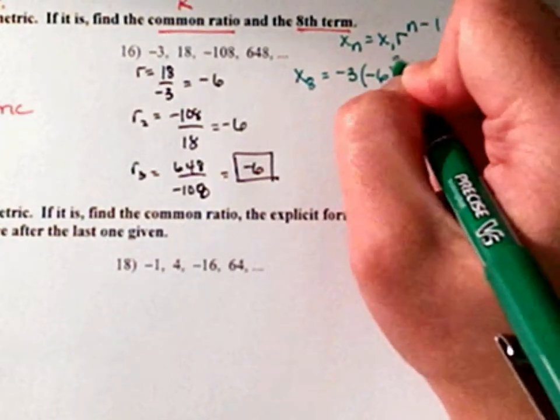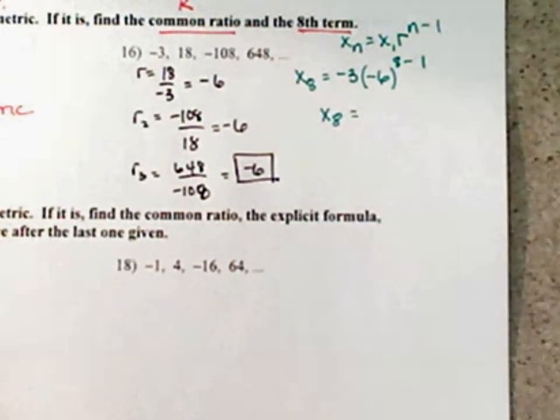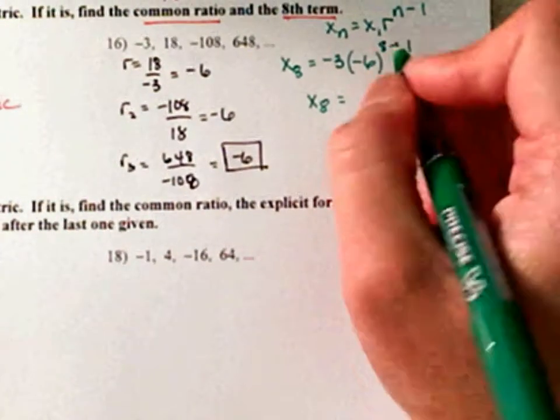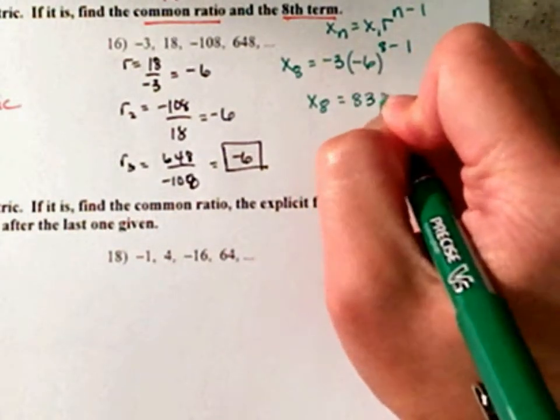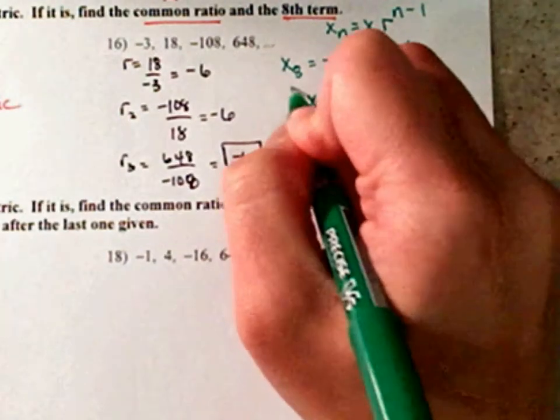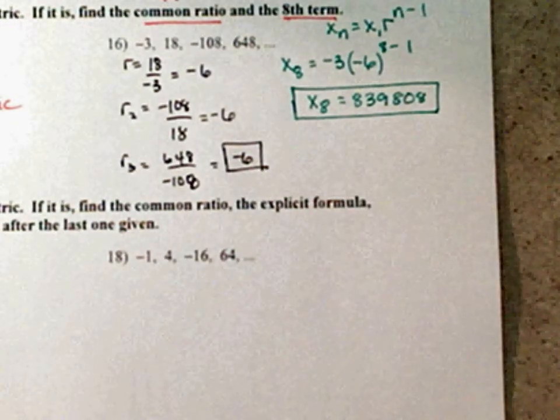All of that raised to 8 minus 1. So what is the eighth term going to be? Negative 3 parentheses, negative 6, raised to the 7. Comes out to be, if I add it all together, 839,808. So you are increasing exponentially.